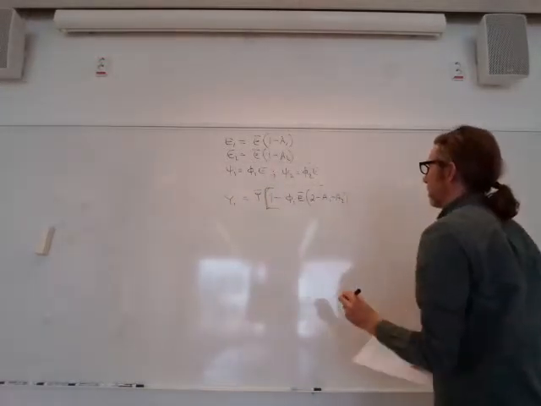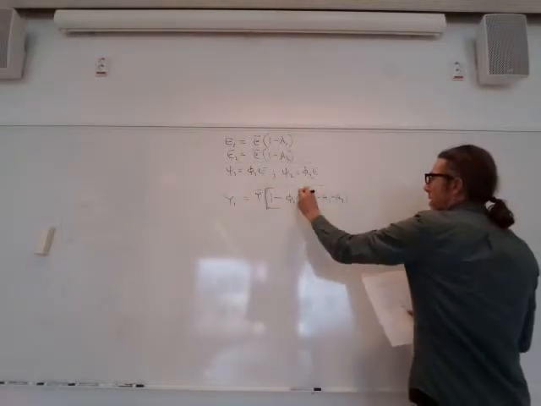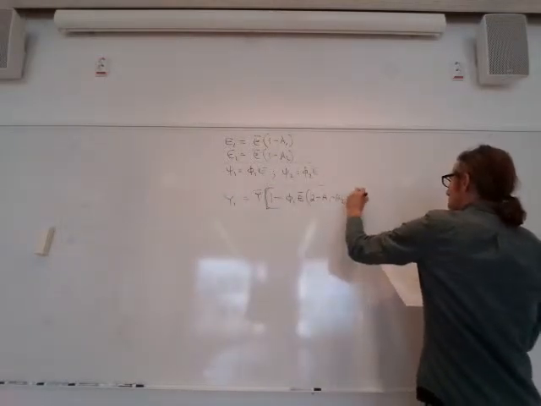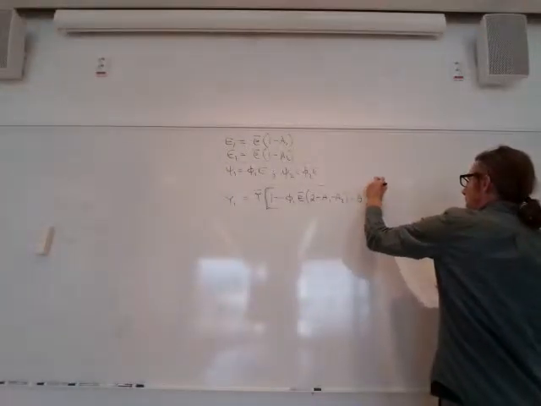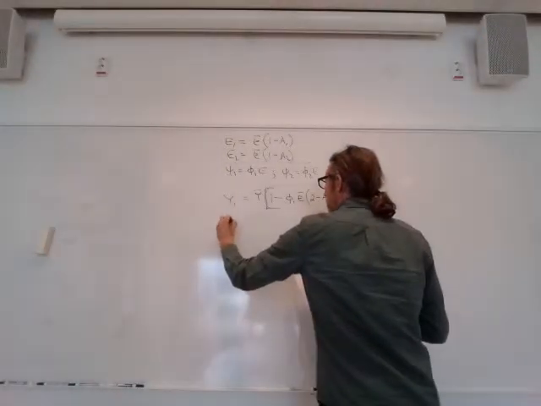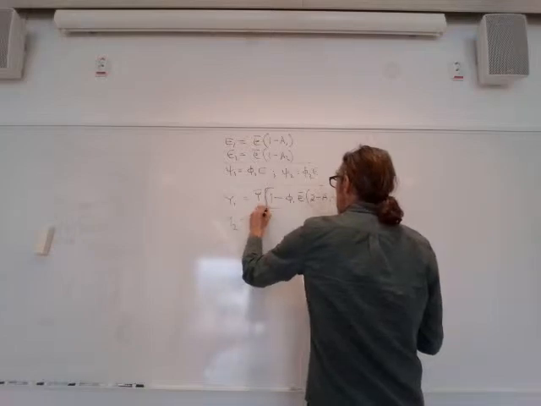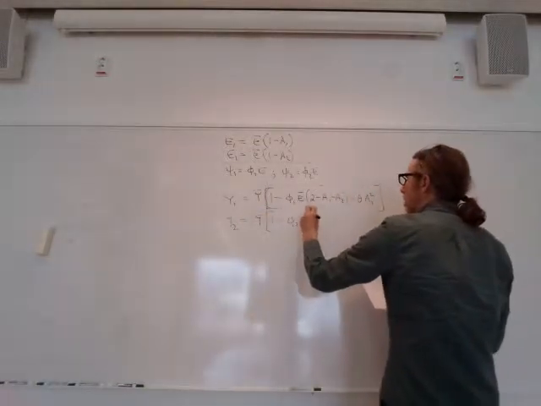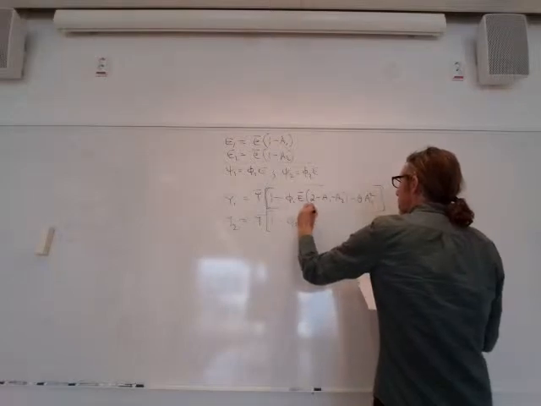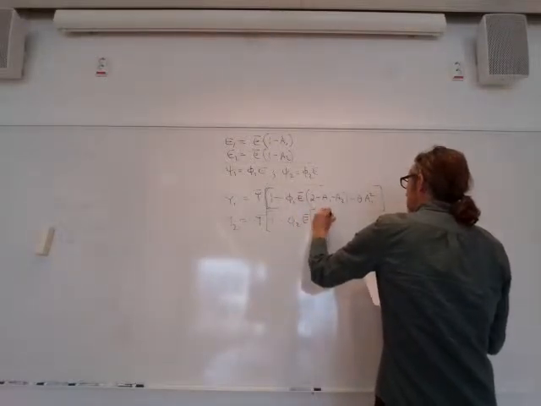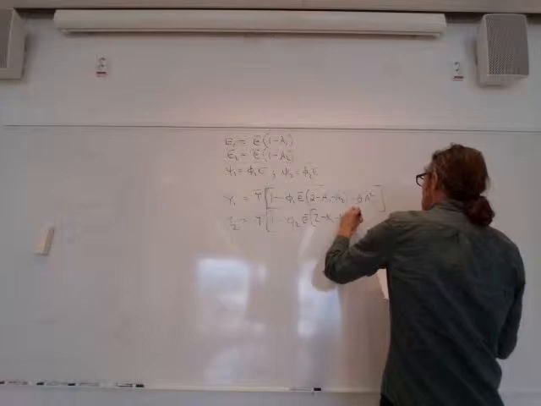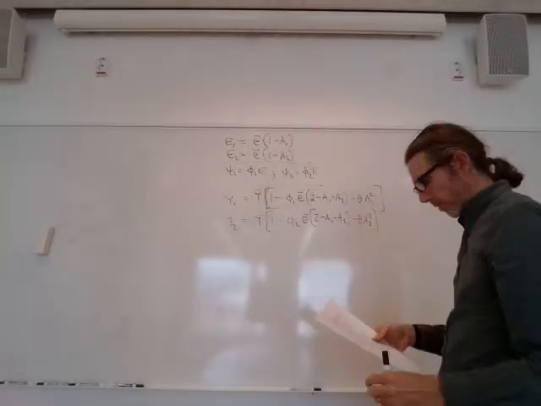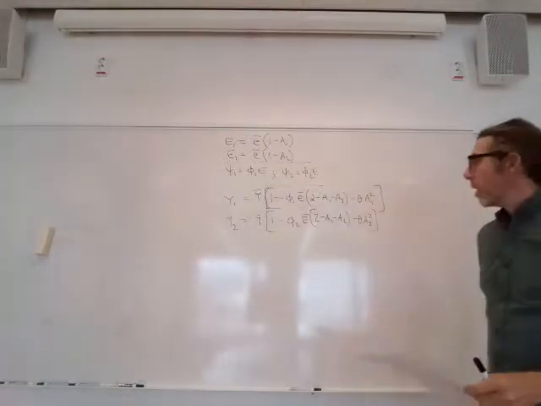I'll put a square bracket on here. So that's that, and then minus theta A1 squared. By symmetry, Y2 is Y bar times 1 minus theta 2 E bar times 2 minus A1 minus A2, minus theta A2 squared. Okay.